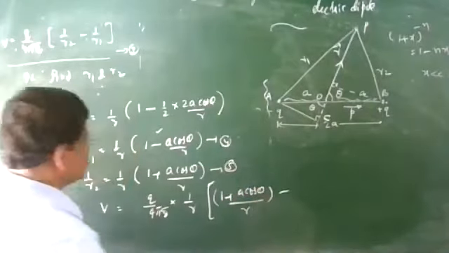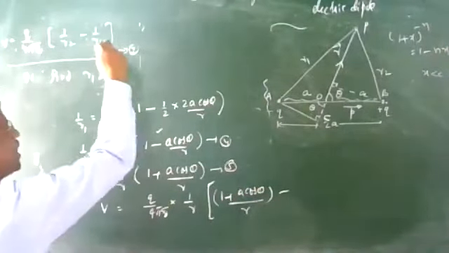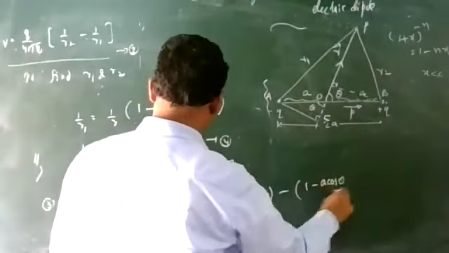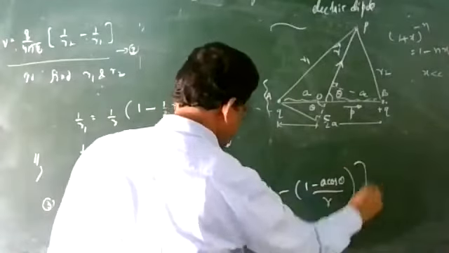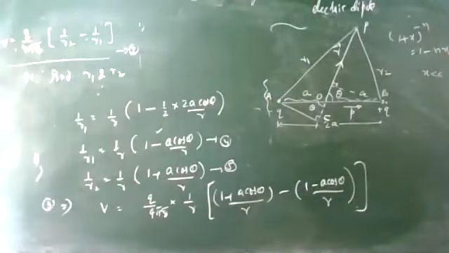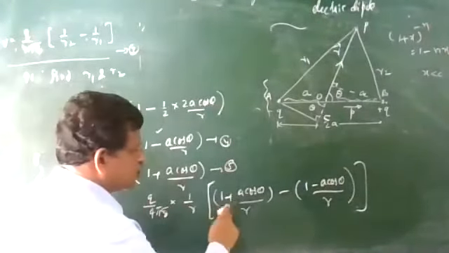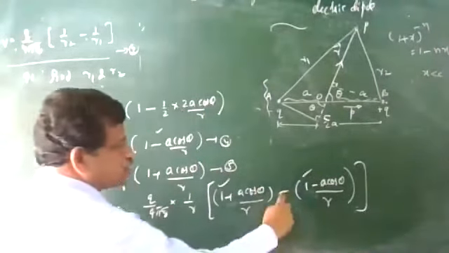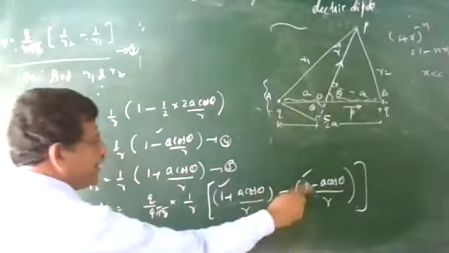Then minus, next one, 1 by r1: 1 minus a cos theta divided by r. Complete the brackets. So here 1 minus 1 cancels, and minus minus becomes plus 2a cos theta by r.